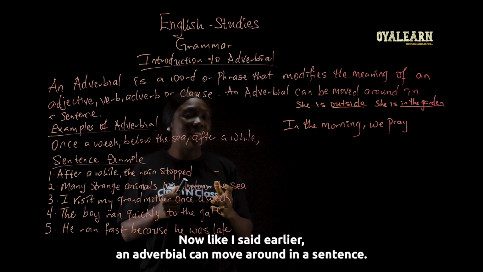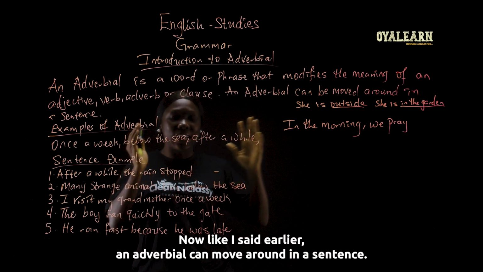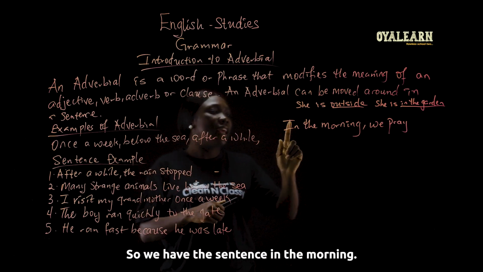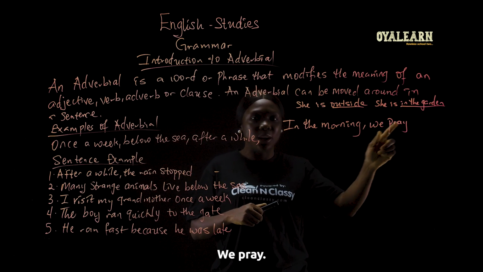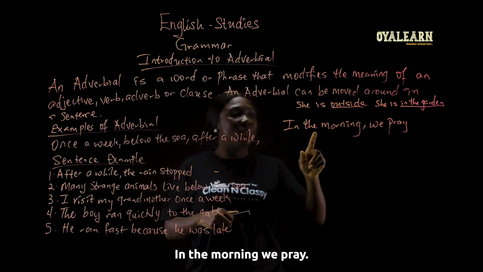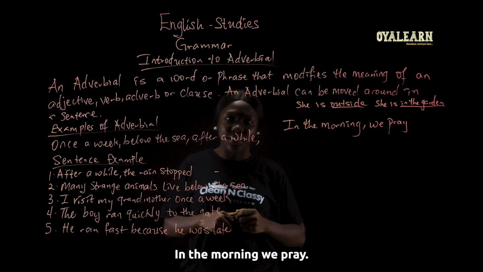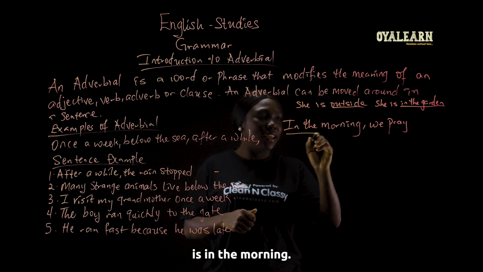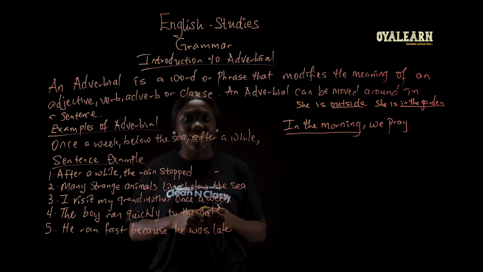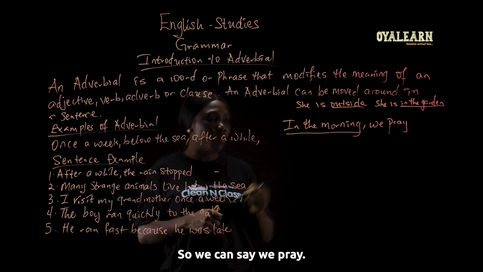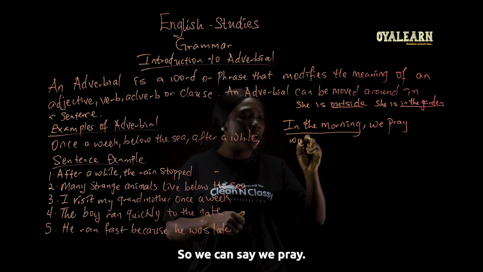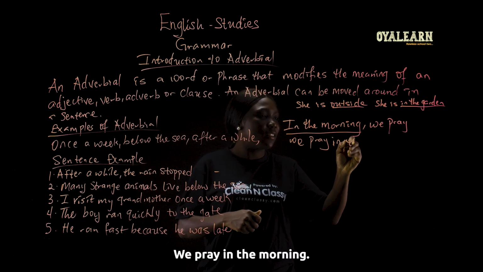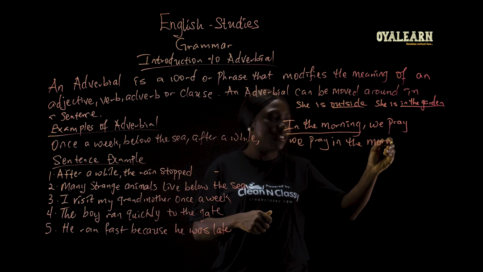Alright, now like I said earlier, an adverbial can move around in a sentence. So we have the sentence, in the morning we pray. The adverbial used in this sentence is in the morning. Now, it can be moved around, so we can say, we pray in the morning.